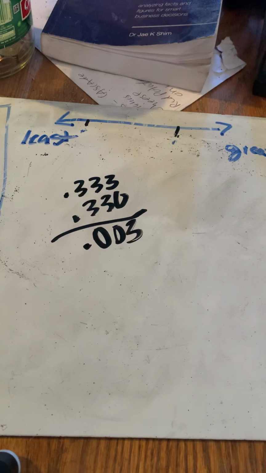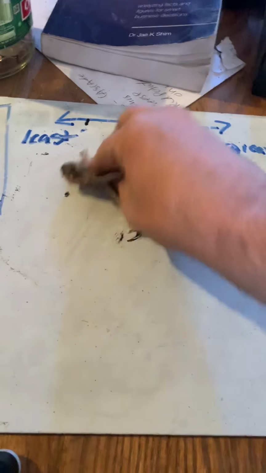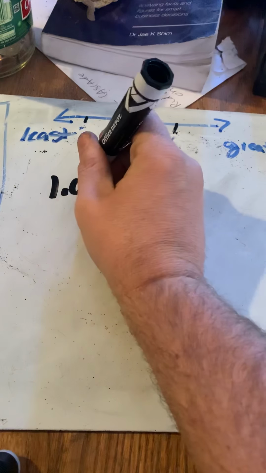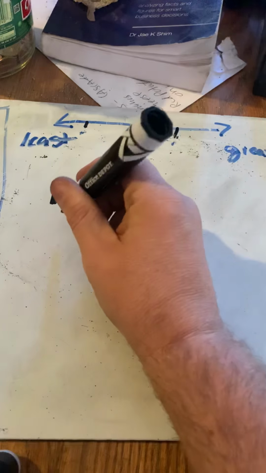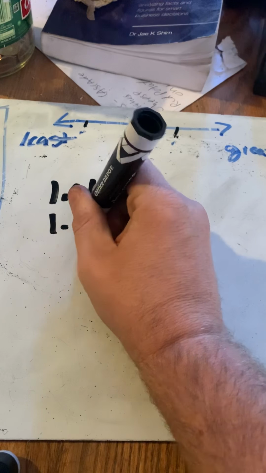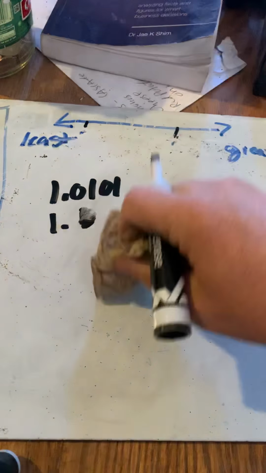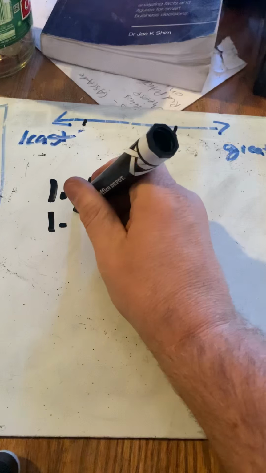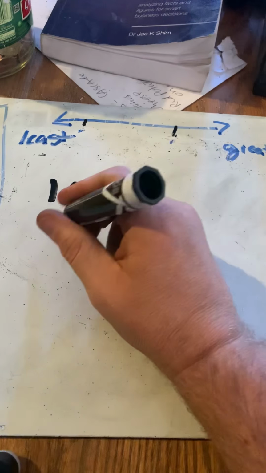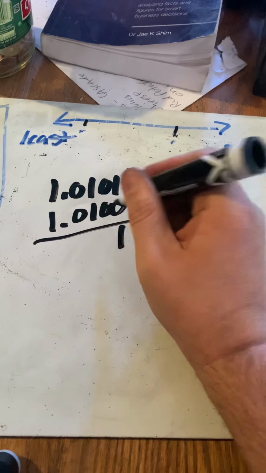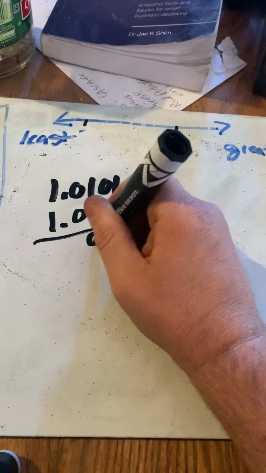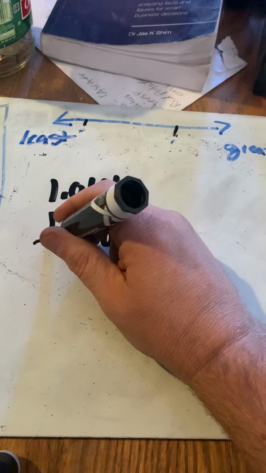Same idea if we were to take 1.01 repeating actually, and 1.0100. Well, we'd have a 1 there. 1 minus 0, 0, and everything else is going to be a 0. 0 minus 0, 1 minus 1, 0, 0, 1 minus 1, 0.